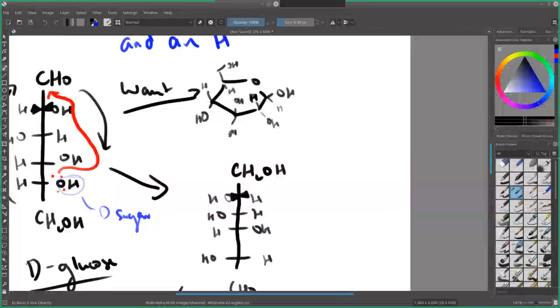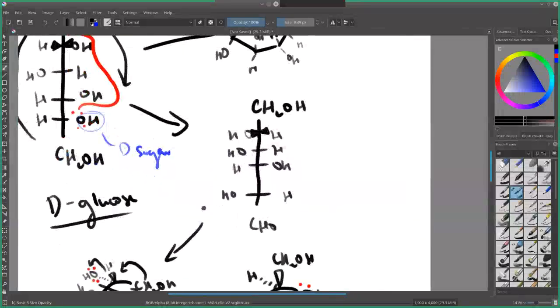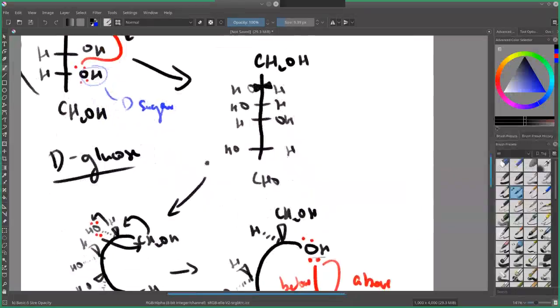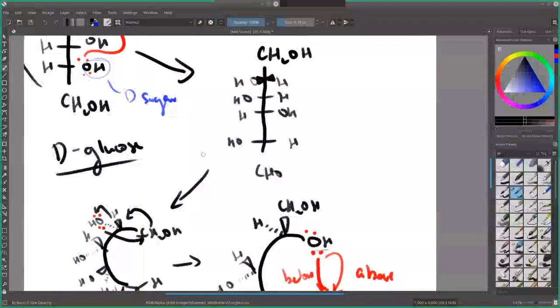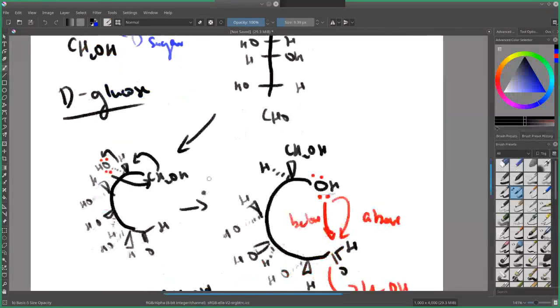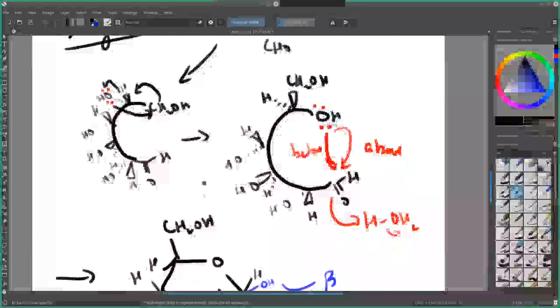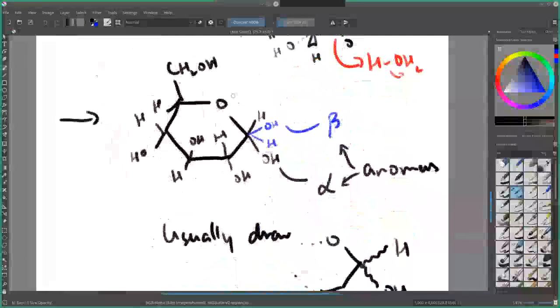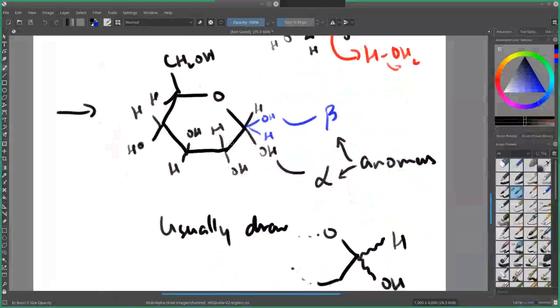So if we didn't do this flipping step first, then we would have gotten the O to be in, I think, the bottom right or bottom left or something like that. So we would have still gotten the right structure. It just wouldn't be in the standard way of drawing it. And of course, you want to draw it the way that everybody else does. So yeah, this is what we get as our final product.